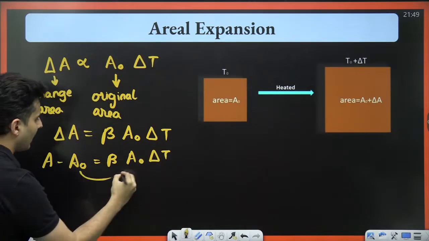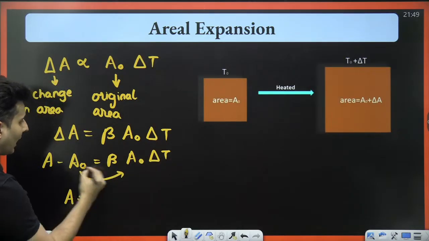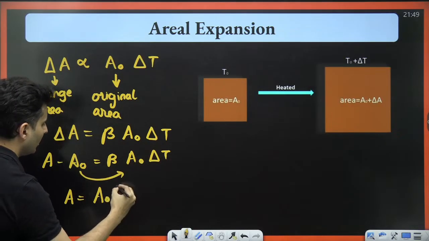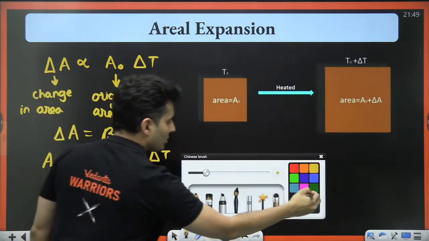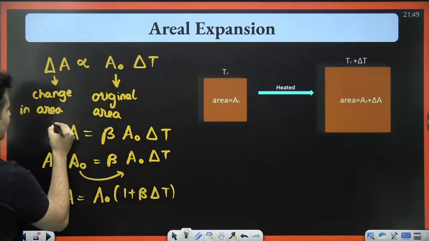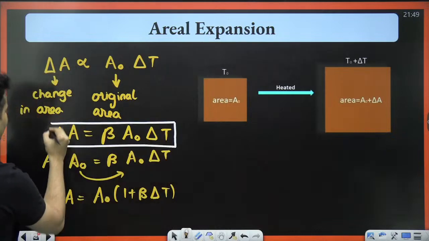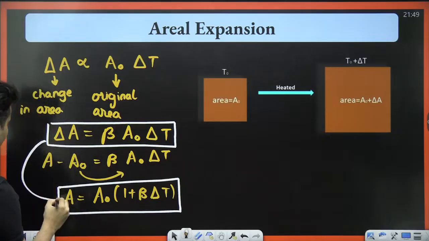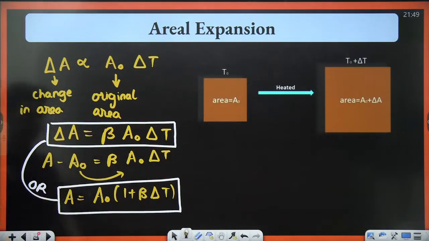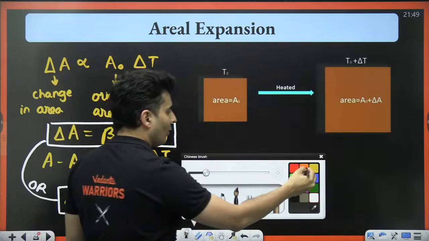So it is beta A0 delta T, and delta A is final minus initial. You can take A0 on this side, so A0 will be common, and it will be 1 plus beta delta T. Again, you can see the formulas look very similar. You can remember this or this, it's one and the same thing. What is this beta?